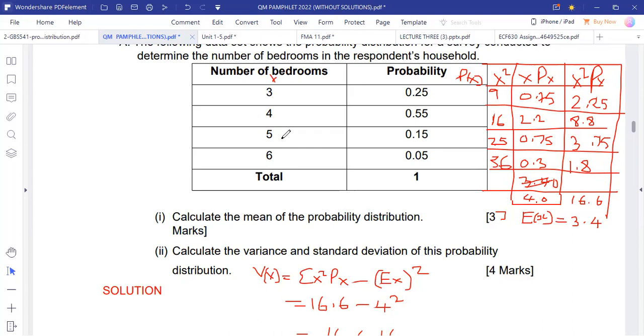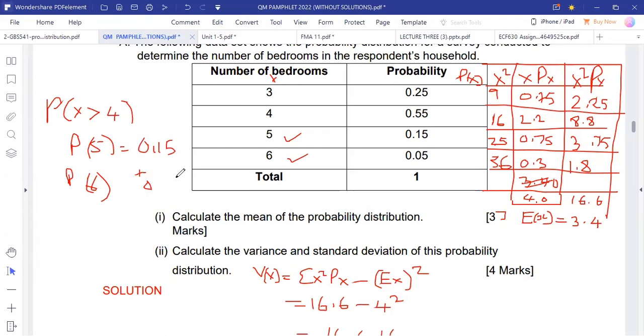Which values are greater than 4? 5 and 6. So the probability is 0.15 plus 0.05. When you add these two, we get 0.2. So that is the probability x is greater than 4.